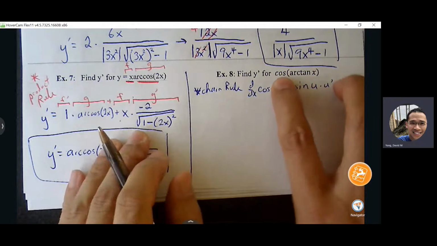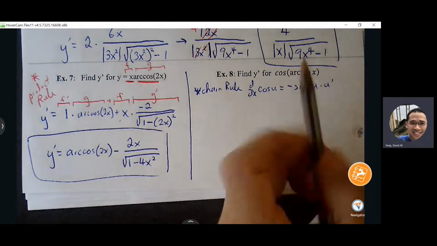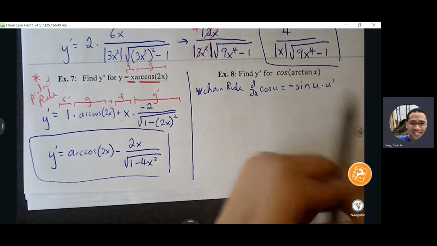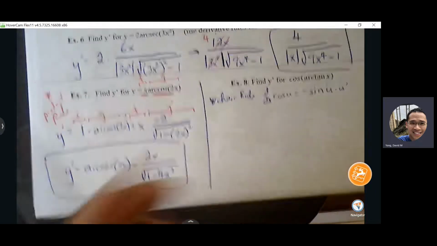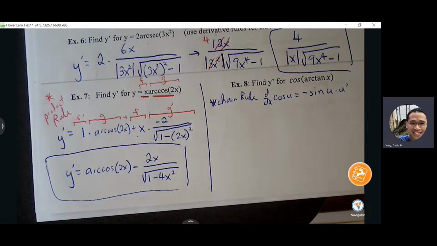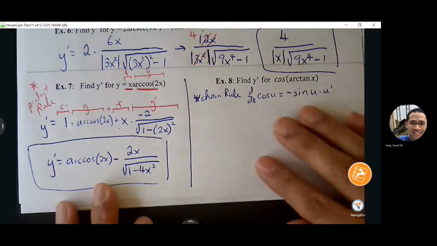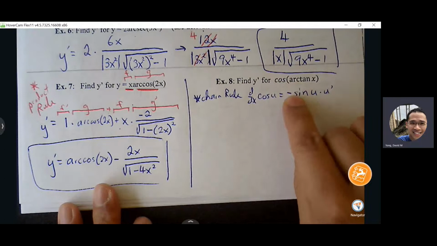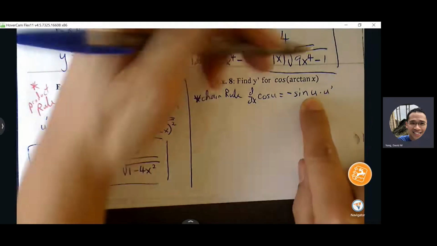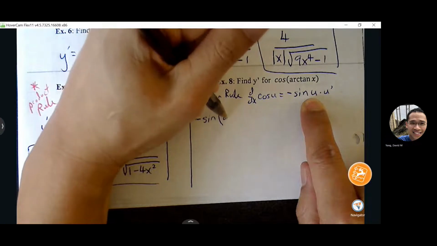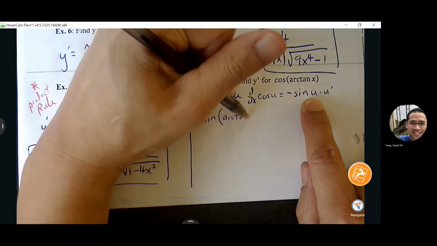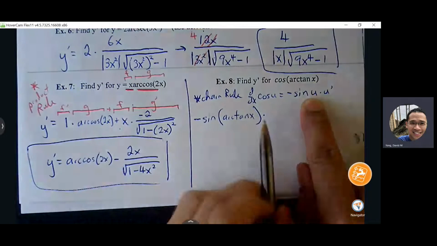So you got that outside portion, which is that cosine. You got that inside portion, which is that arctangent. And we're really taking turns with each derivative. But really, if you think of it as just negative sine u times u prime, then you kind of match the parts and just apply the rules. Okay, so first things first, let's apply the rule here. Negative sine of u times u prime.